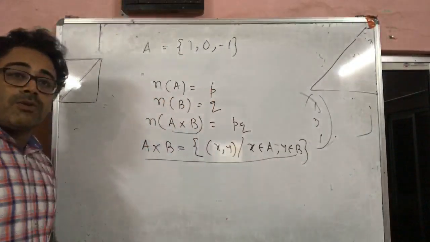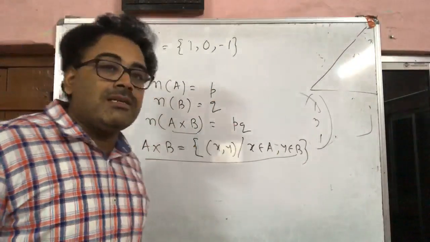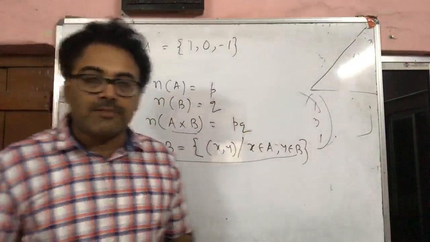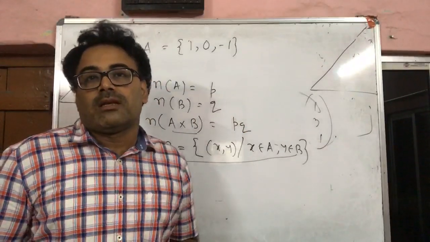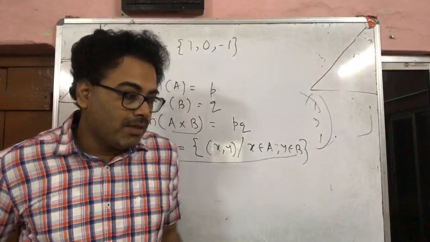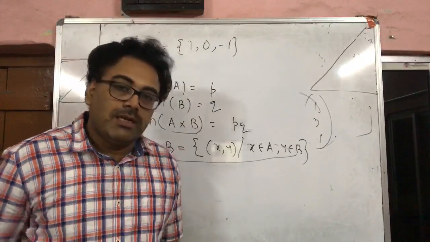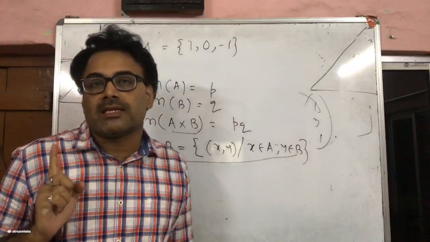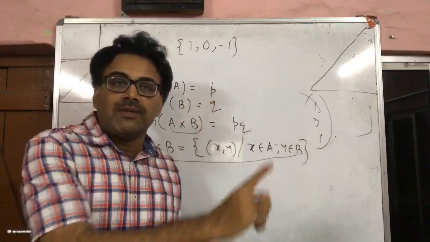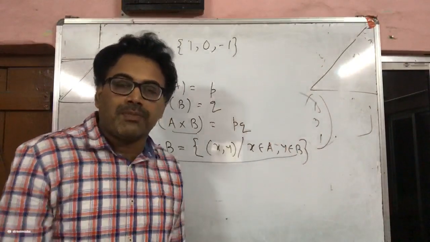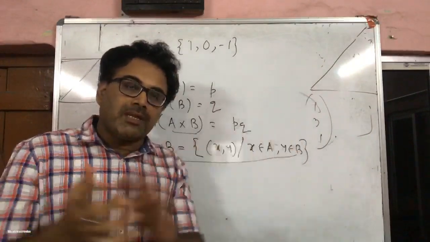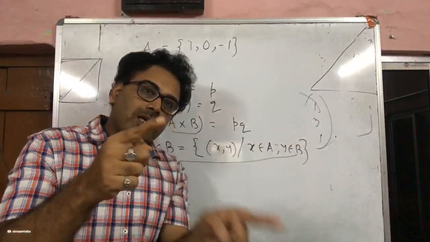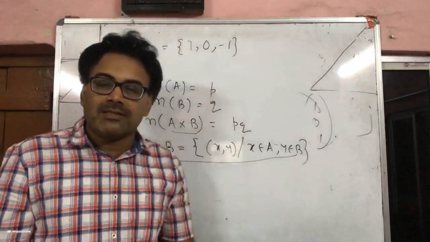Okay, does anyone else have a doubt about this PQ? I am telling a simple trick to understand this PQ, okay? Suppose there are 10 elements in a set, 1 2 3 4 5 6 7 8 9 10, and 5 elements in another set, A B C D E. So how many pairs can you make? 1 A, 1 B, 1 C, 1 D, 1 E. 5 pairs.